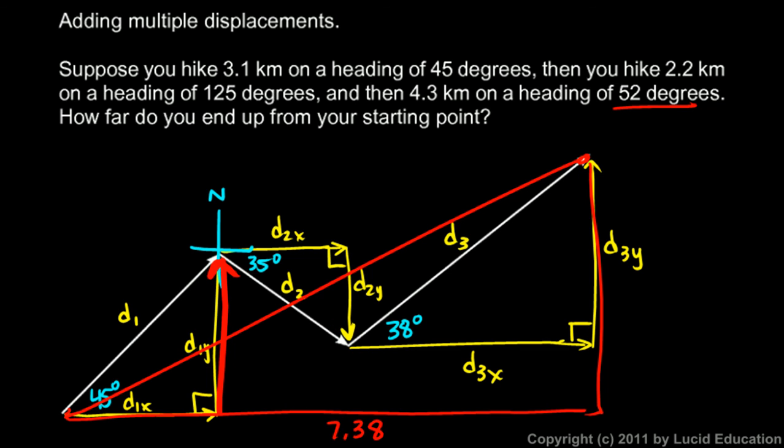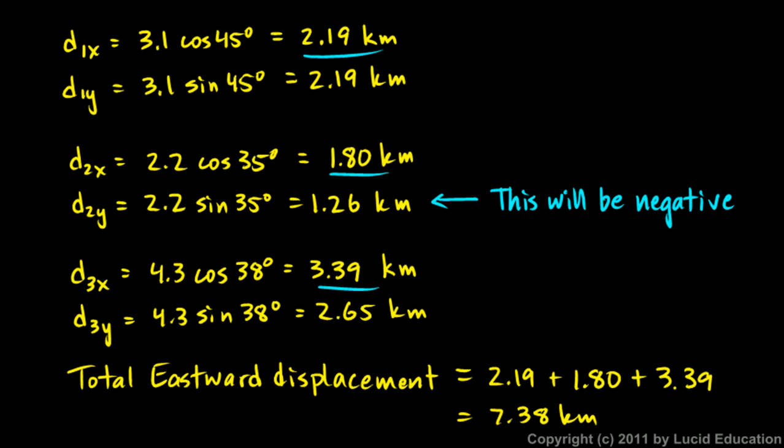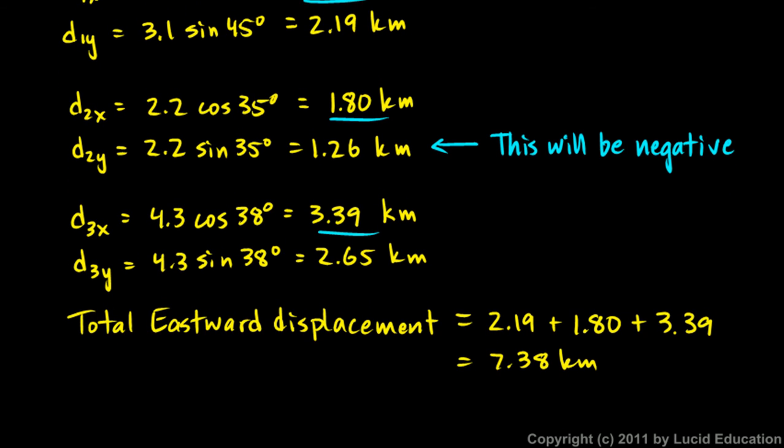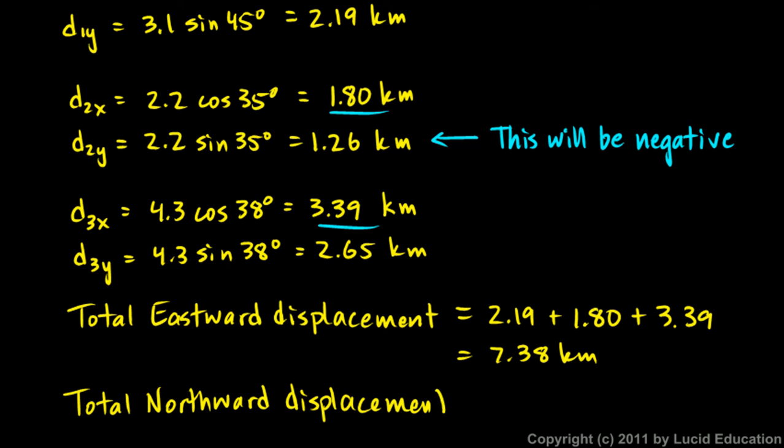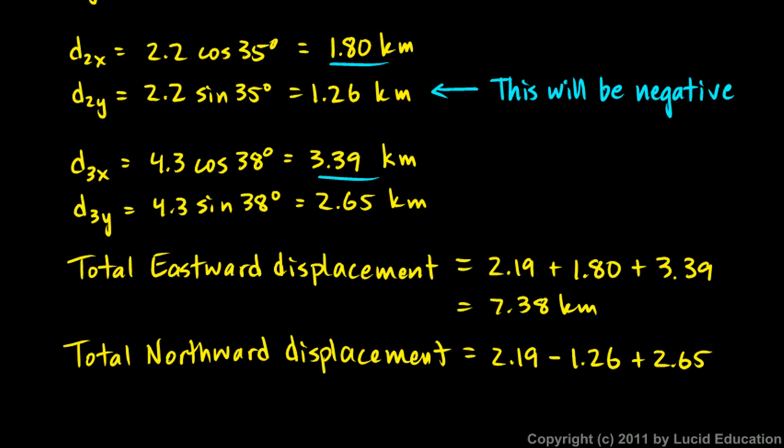So it's going to be this distance minus that plus that. So let's come back over here. The total northward displacement is going to be positive 2.19 minus the 1.26. That was that negative value we had, plus the 2.65. And that adds up to 3.58.